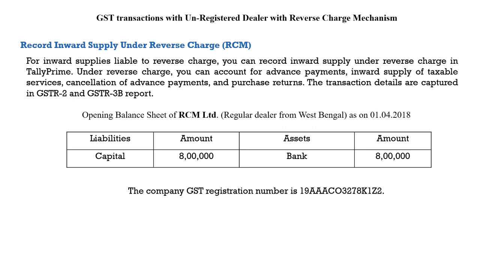Transaction details are all captured in the GSTR 2 and GSTR 3B reports. So we will also take a look at these two types of reports. Now let's start with the problem.